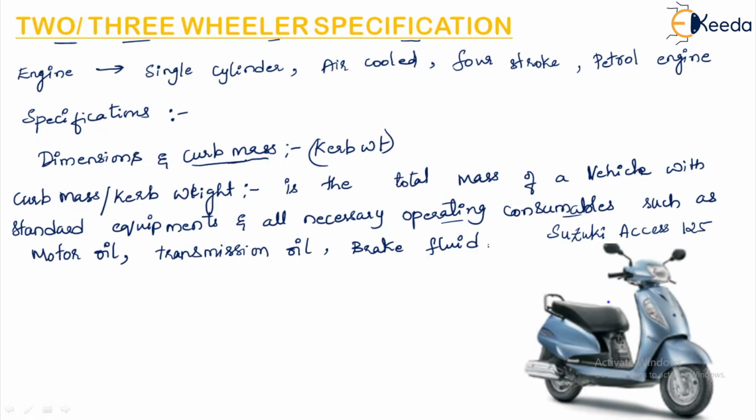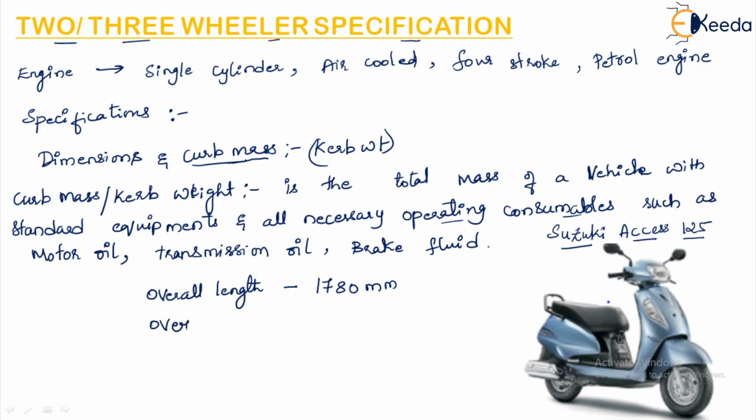We will see the dimensions of the vehicle. So what are the dimensions? First of all we will see the overall length. So here we are considering the overall length of Suzuki Axis 125 vehicle. So here the overall length will be 1780 mm.